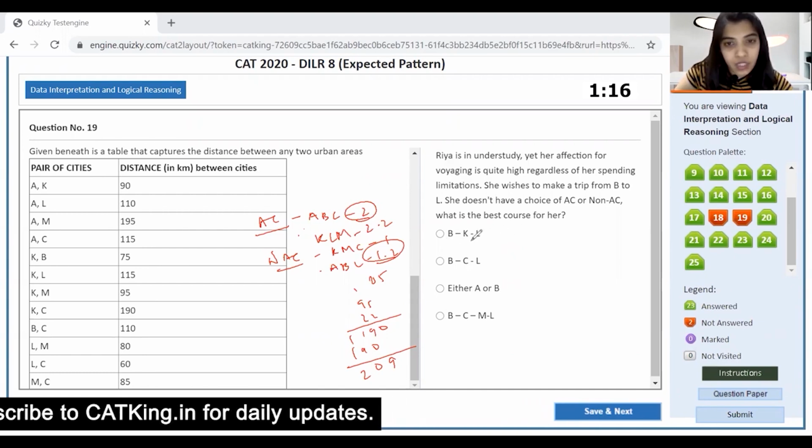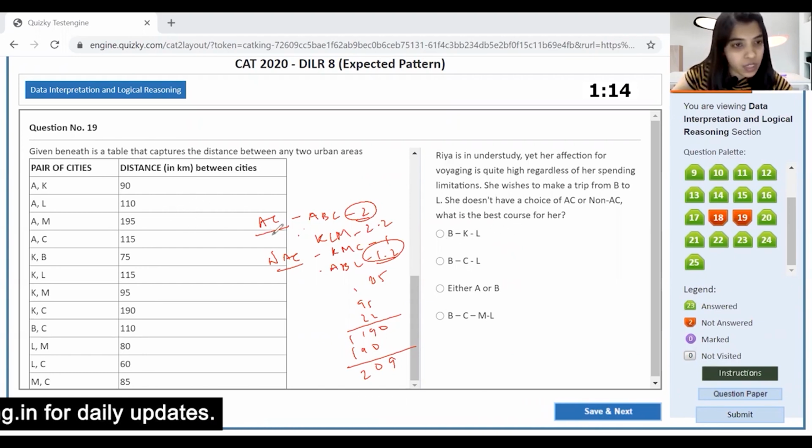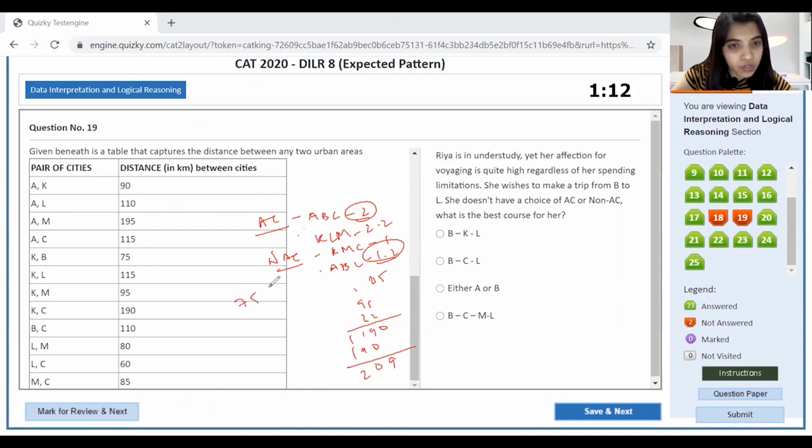BKL. So let's see, BK she'll take 75 into 1.2. KL she'll take 115. 12 5 is 60. 12 7 is 84. 90. 5 9 1 10. 205. This will be 205. BCL.